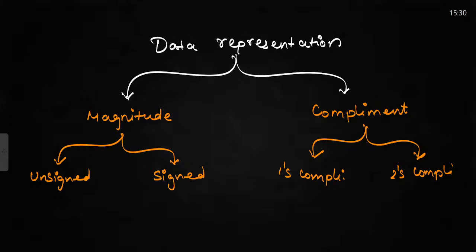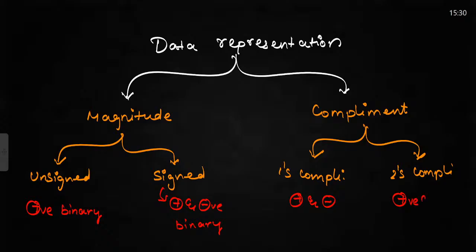For unsigned, we will only have positive binary. For signed integer, we have positive and negative binary. For 1's complement also we will have positive and negative, and for 2's complement also we will have positive and negative.